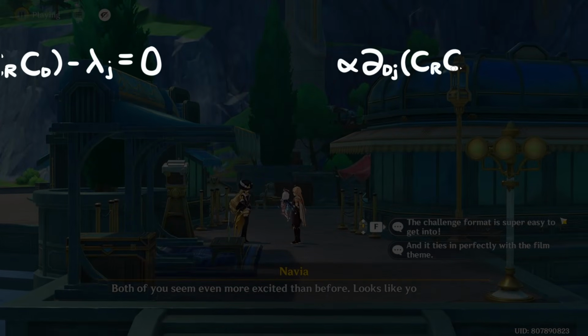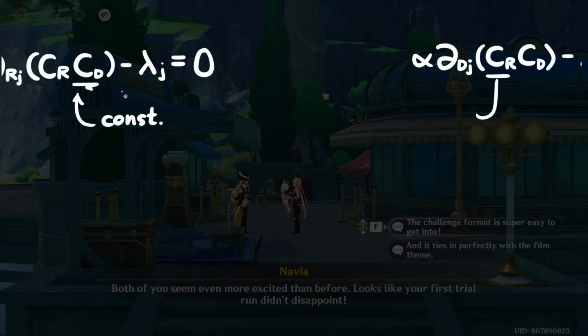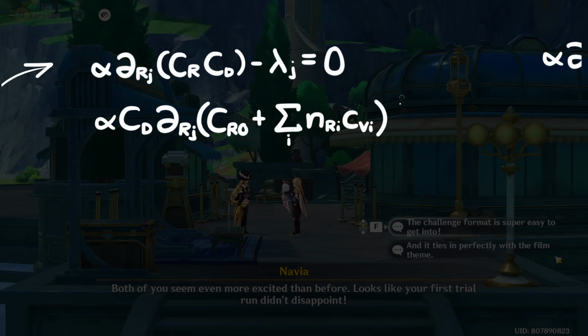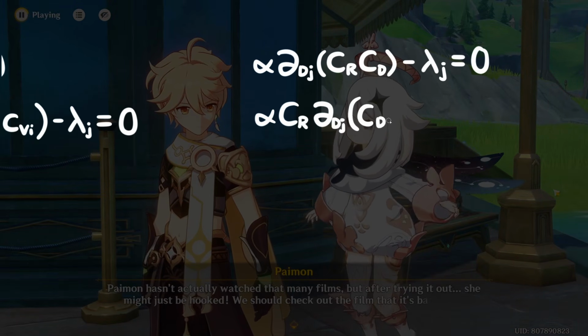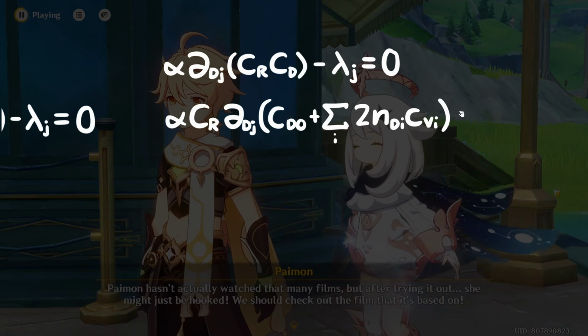In the crit rate partial derivative, we'll substitute for CR and factor out CD, because by definition of the partial derivative, crit damage is treated as constant. For the crit damage partial derivative, we'll substitute for CD and factor out CR since it's treated as a constant.